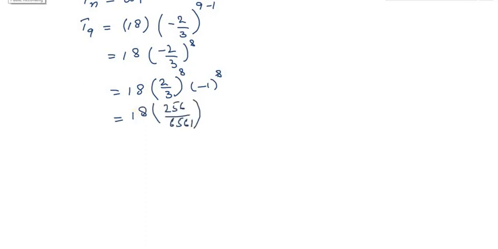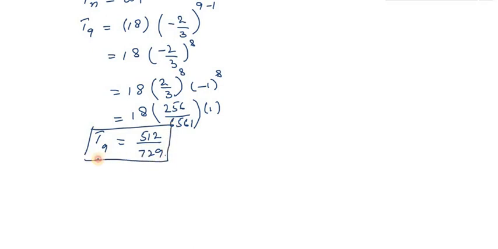So 18 times 2 to the power 8. 2 to the power 8 is 256, and 3 to the power 8 is 6561. And minus 1 will be positive because the power is even. After multiplying and dividing, we get the ninth term as 512 upon 729. This is the ninth term of the given progression.